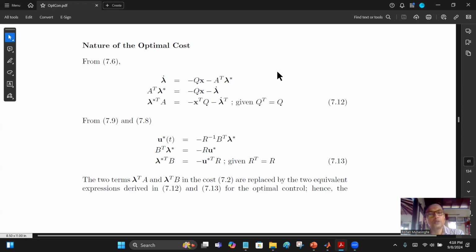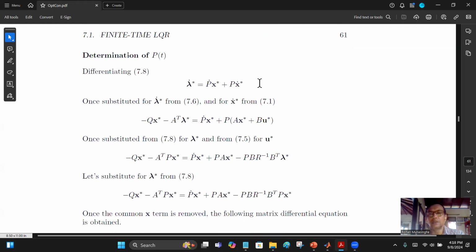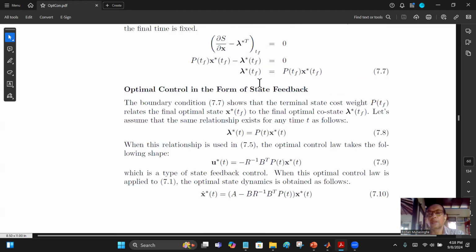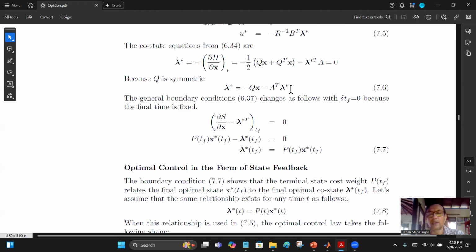Now if you recall 7.6, let's see it over here. I have to pedal back and forth quite a bit. So this is the differential equation for the co-state. Co-state. It's the Lagrange multiplier that we use to fix the cost with the constraint.